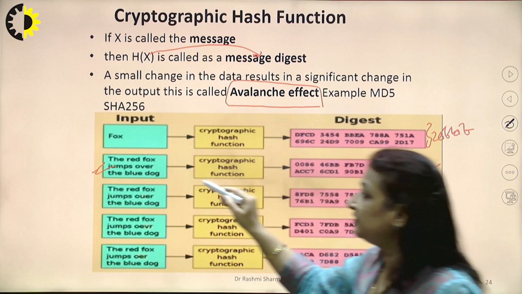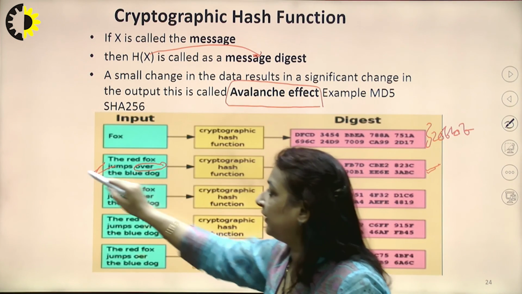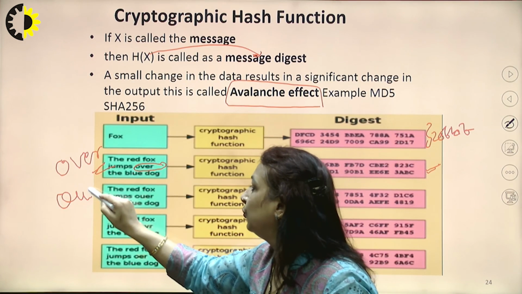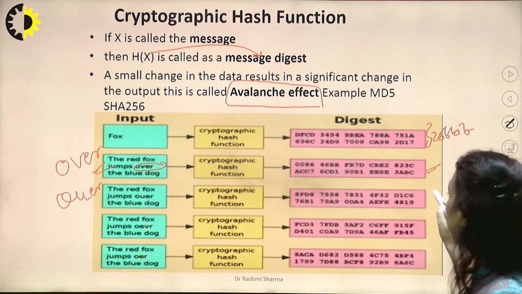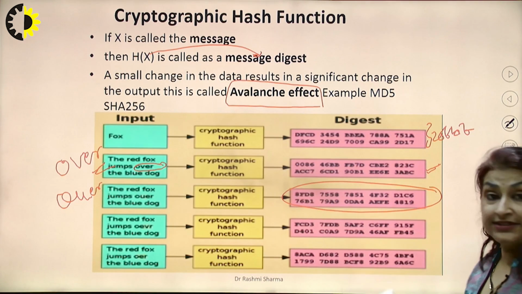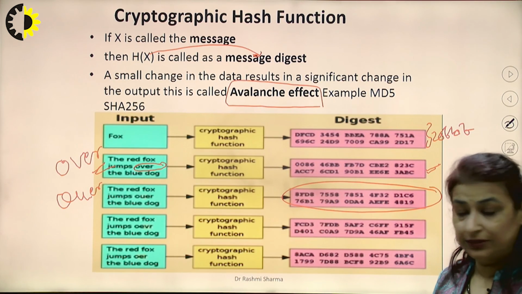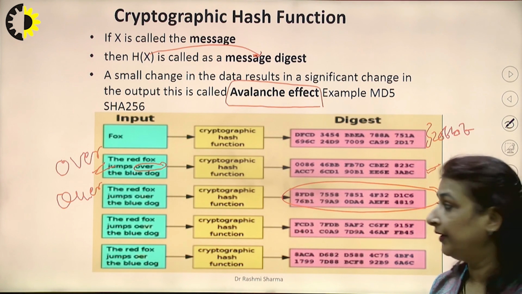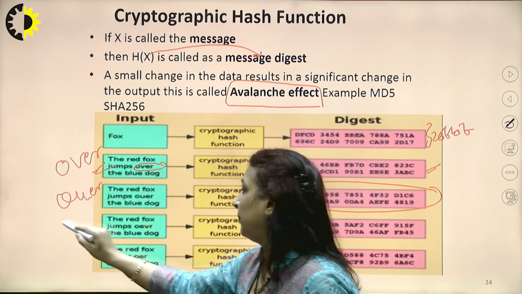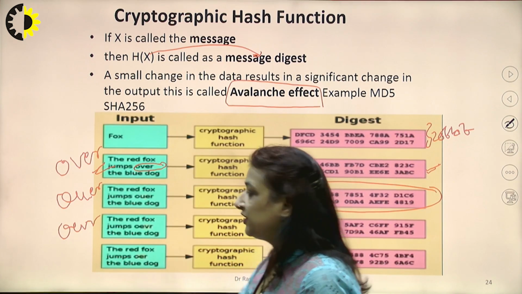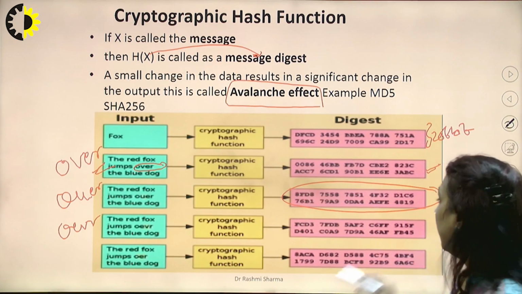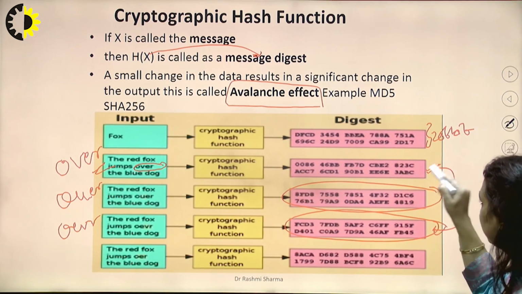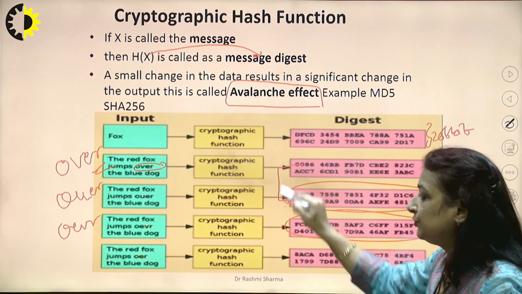Here only the spelling of over, that was O-V-E-R, I have changed to O-U-E-R, and there is a massive change in this particular hash. That was changing a particular character. Here I have not changed the alphabet, but the order is changed, O-E-V-R. Again, a new hash is generated. See, there is a massive difference between these two.